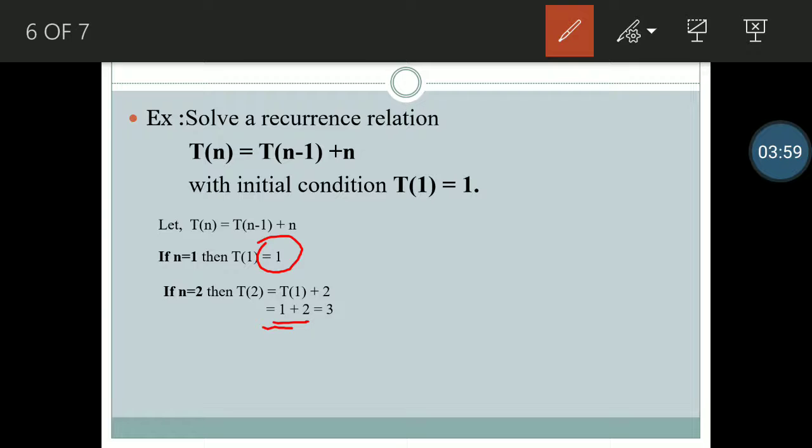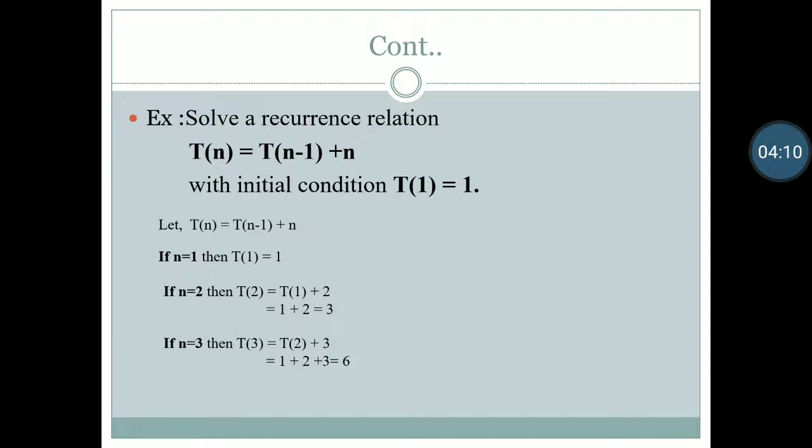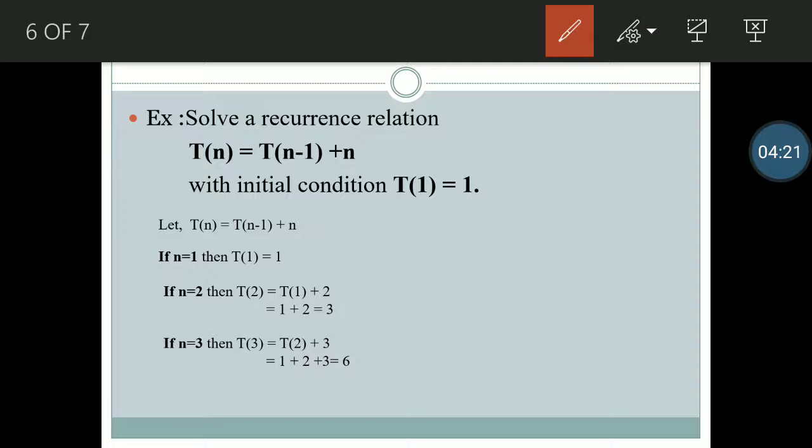Here you can say we have substituted a term, so this is called forward substitution. In the next case, if we take n = 3, then that will become T(2) + 3. Here we can replace our T(2) with 1 + 2, because our T(2) is 1 + 2. So we can write 1 + 2 + 3, and it will become 6.